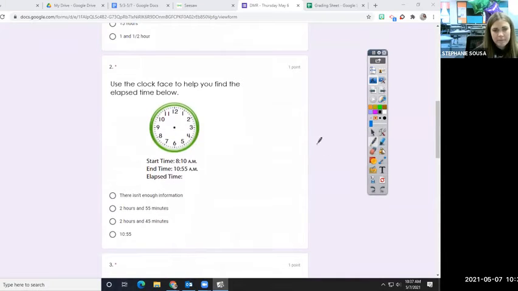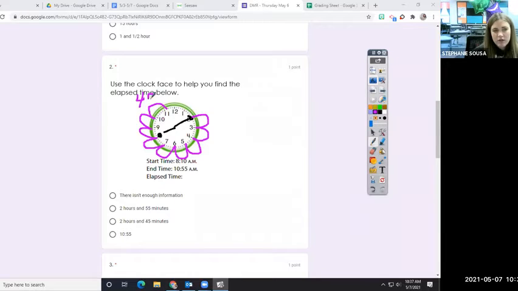Thank you, love. Use the clock face to help you find the elapsed time. Start time is at 8:10. End time is at 10:55. What is the elapsed time? Well, let's move our minute hand to the 55. 5, 10, 15, 20, 25, 30, 35, 40, 45.